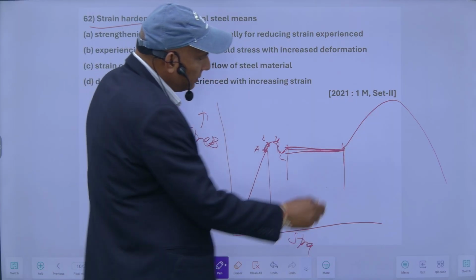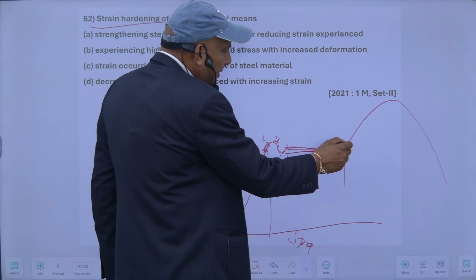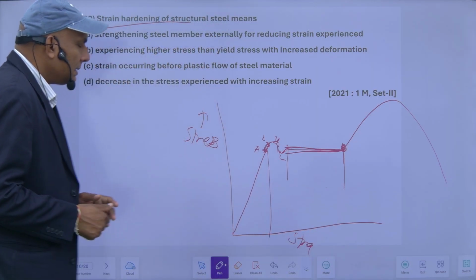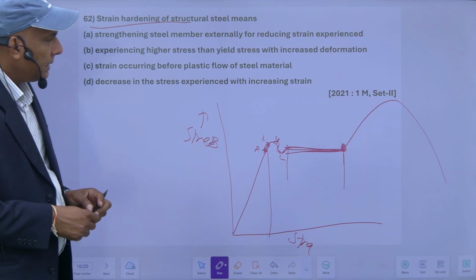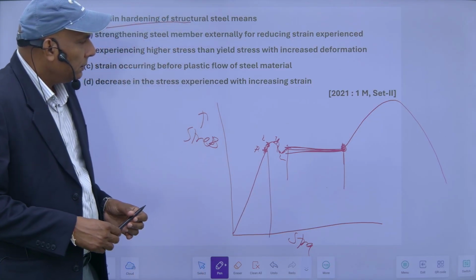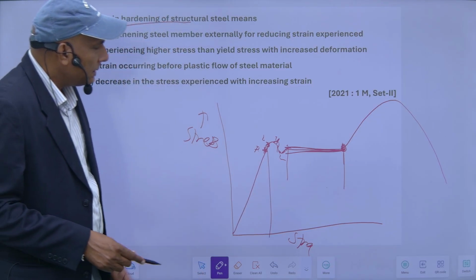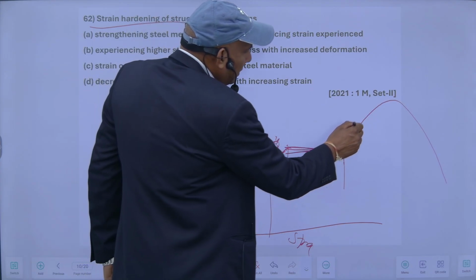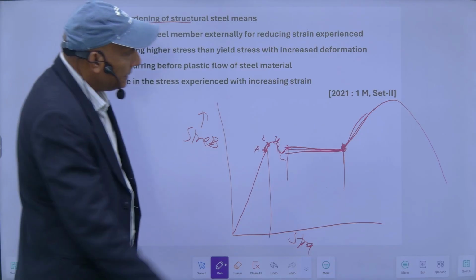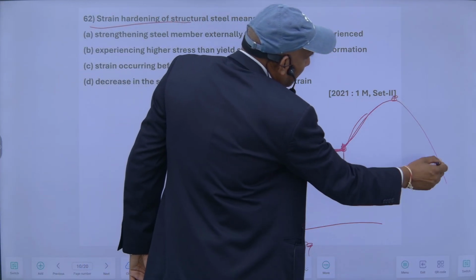But from here onwards, there will be a change in the molecular crystalline structure of the material, and as a result it will offer increased resistance in the force, in the stress, due to which further stress will be created, and this will be my ultimate point, and finally it will be the rupture point.